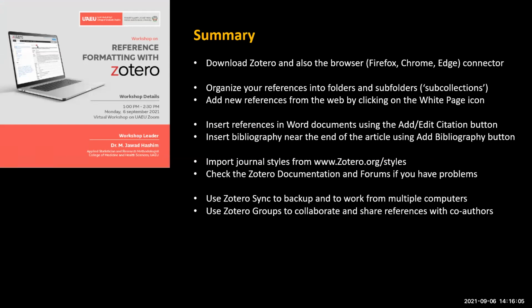It just seems to be more user-friendly. It has all the features. There is no paid version. You get the free online storage, which is 300 MB, but it's fine as long as you don't sync the attachments. And then, again, if you have any problems, you can search the forums for solutions.